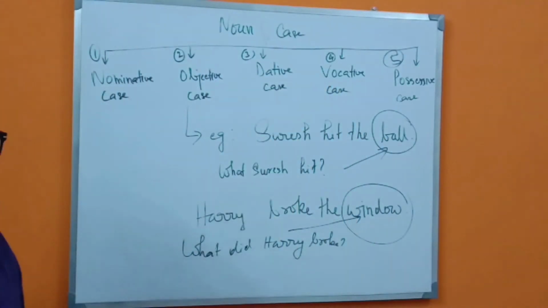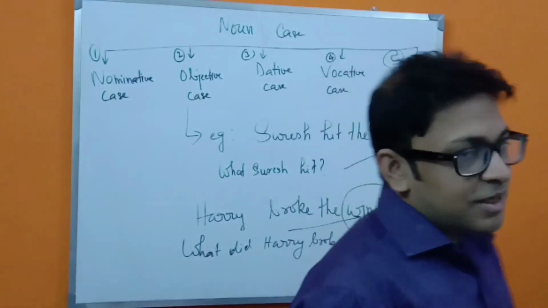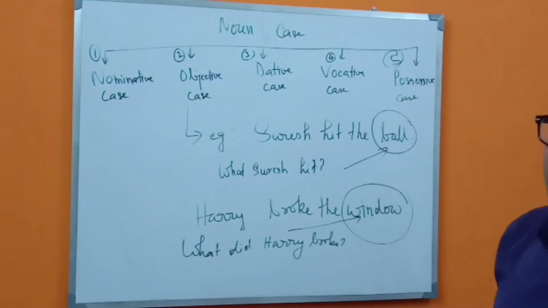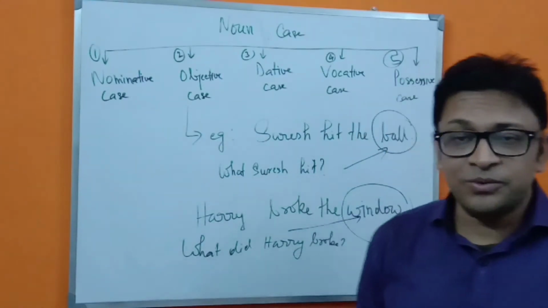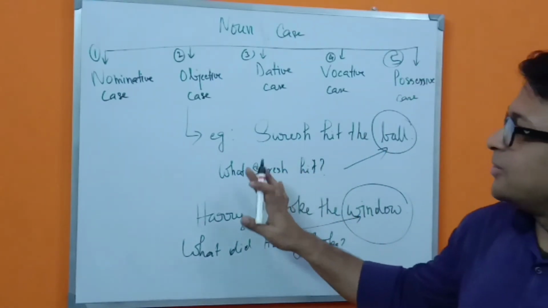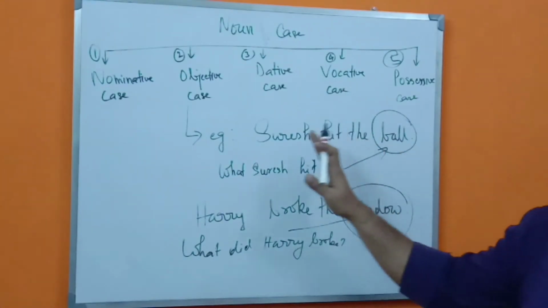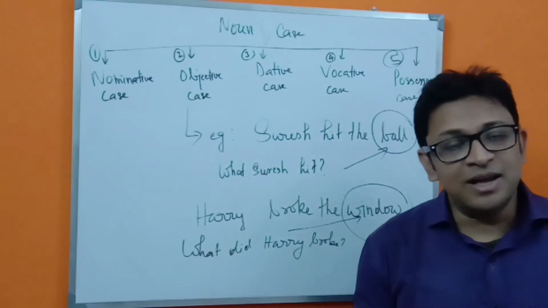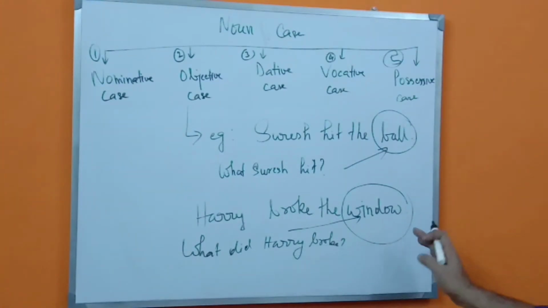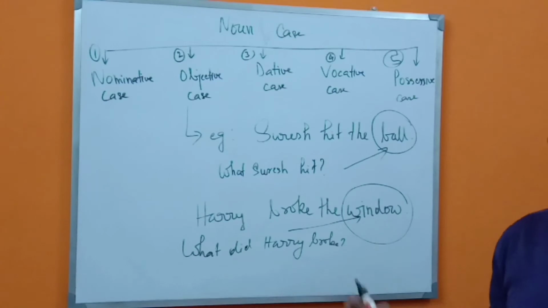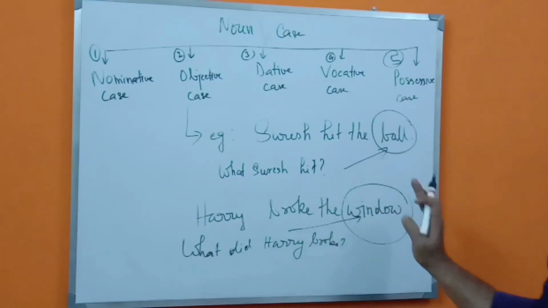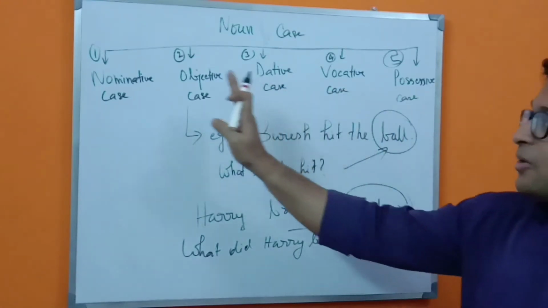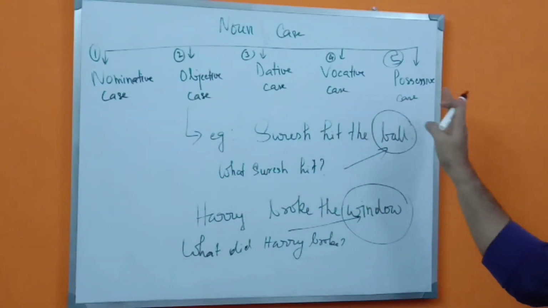So basically, for finding out objective case, we are going to question the sentence by using what. Sometimes you can also ask the question by using whom. By this way, you can understand what our objective case is. You have to remember, when the noun acts as an object of the verb, this is called our objective case. You have to be very careful. These are nouns which are acting in different roles: nominative case, objective case, dative, vocative or possessive.